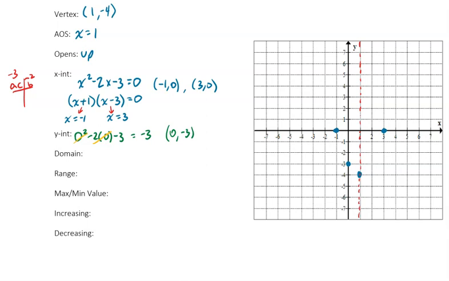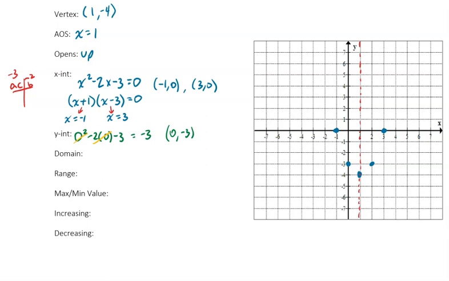All right, again, we can go ahead and draw this out now, just so we have an idea of the shape before we do domain, range, increasing, decreasing, all that stuff. And one little hint, just to make sure that it's symmetrical. We know this y-intercept is right here. Well, if that point is 1 to the left of what we said is our mirror, there should also be a point 1 to the right of our mirror.